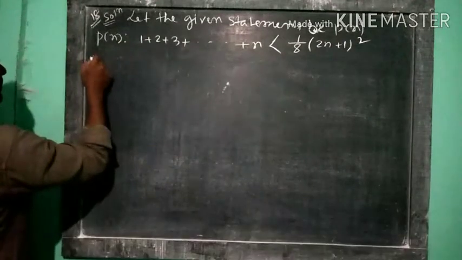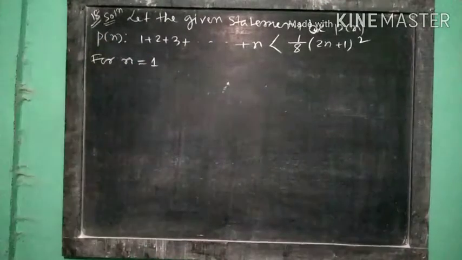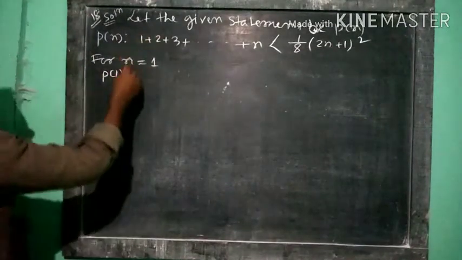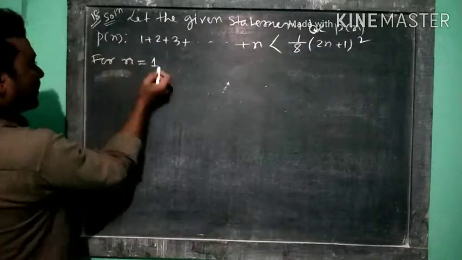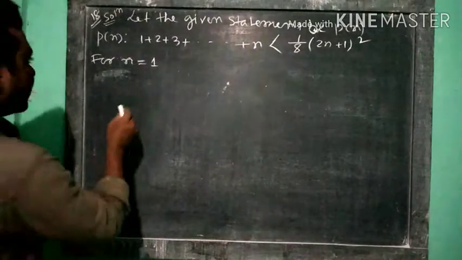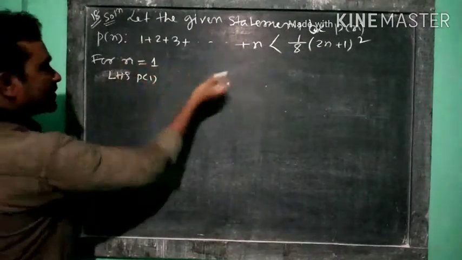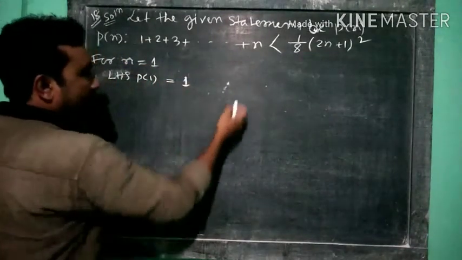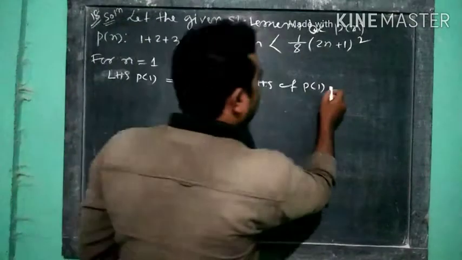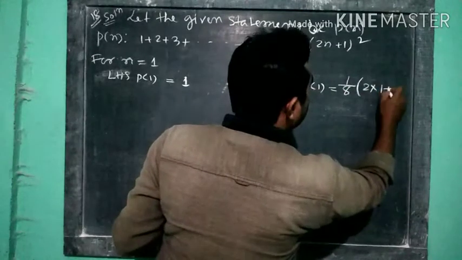Now for n equal to 1, p of 1. Left hand side of p of 1: since we have to show less than, if we put it directly we may face some difficulty, so we will write left hand side of p of 1 and right hand side of p of 1 separately. Since n equal to 1, left hand side of p of 1 is equal to 1. Right hand side of p of 1 is 1 by 8, where n is replaced by 1, 2 into 1 plus 1 whole square.